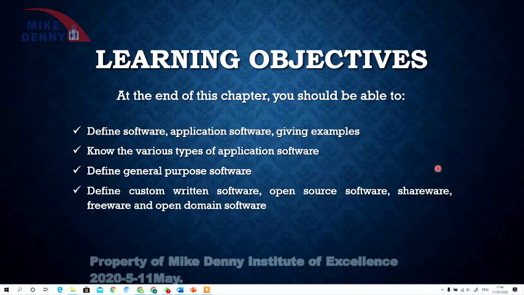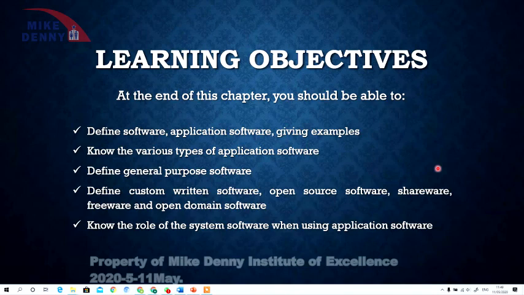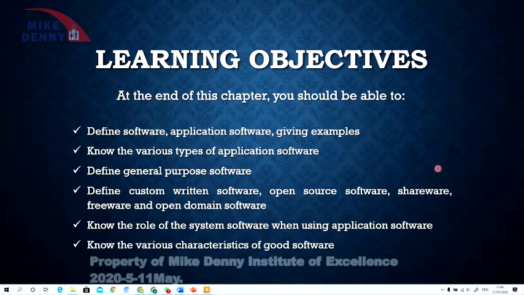We expect you to know the role of the system software when using application software. Finally, we expect you to know the various characteristics of a good software. So these are the objectives that you're supposed to attain at the end of this chapter.